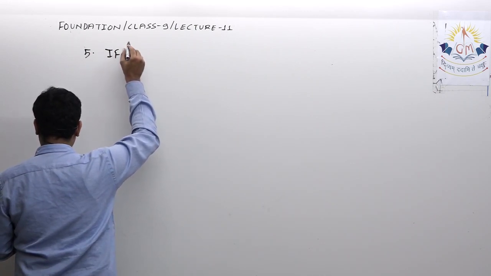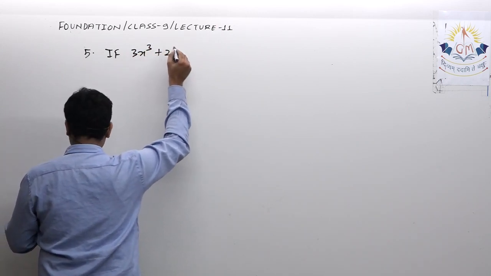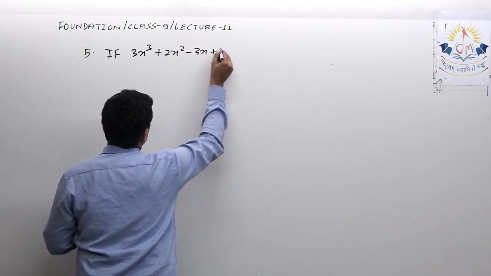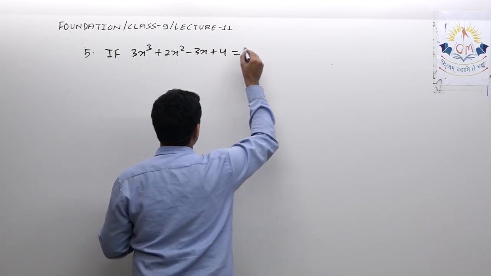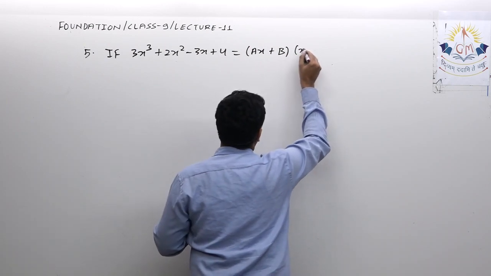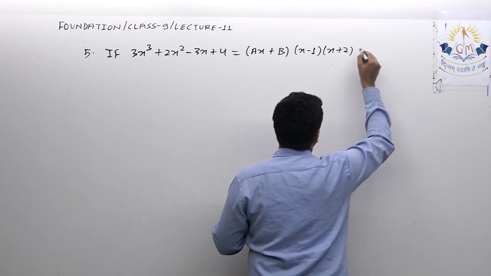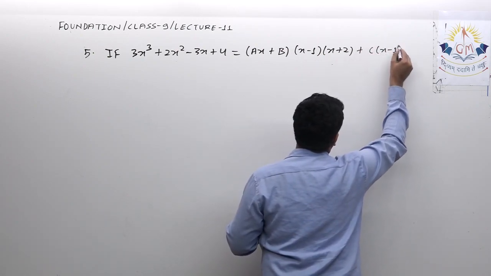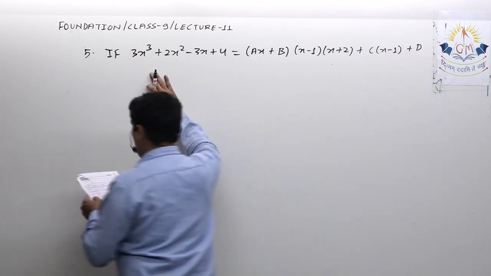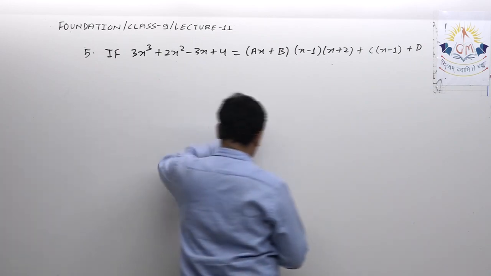If 3x cube plus 2x square minus 3x plus 4 is equal to ax plus b into x minus 1 into x plus 2 plus c into x minus 1 plus d.